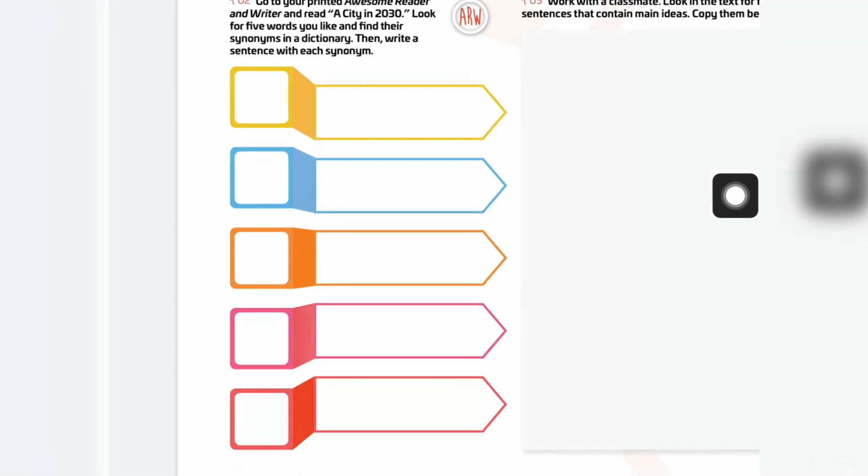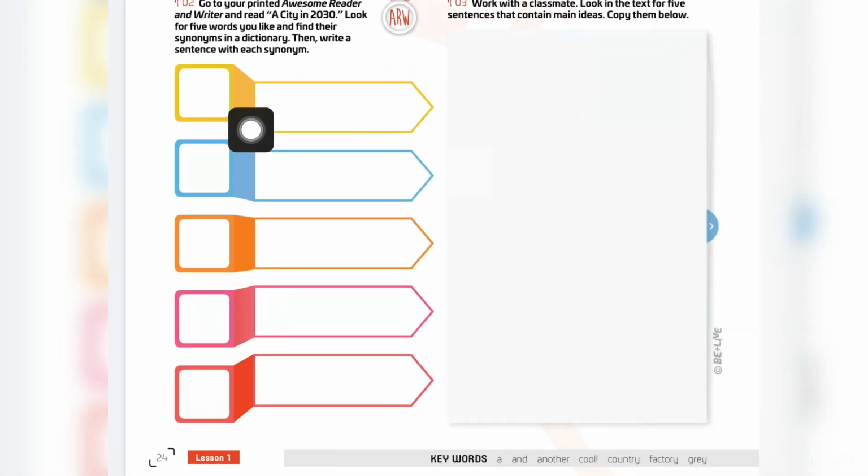So we are going to look for the 5 words that you consider the most important around the complete text called A City in 2030. Remember that you have this text as a resource below the actividad evaluable on Sistema 1's platform.